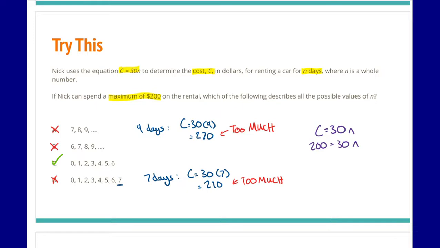So 200 equals 30n, and I'm going to solve this equation for n. 200 divided by 30 equals n. 200 divided by 30 gives us 6.6, which is n. So that means I can rent a car for 6.6 days. But because n is a whole number, that means I would have to round down.